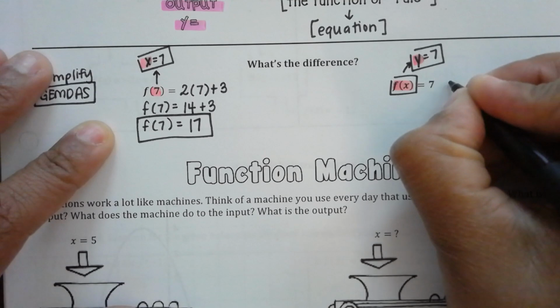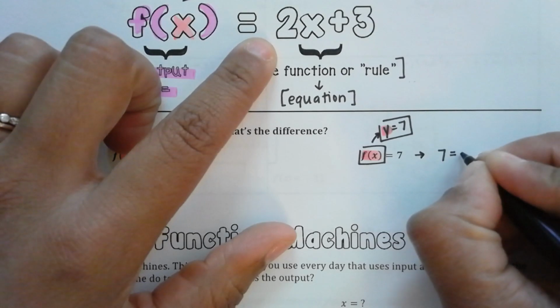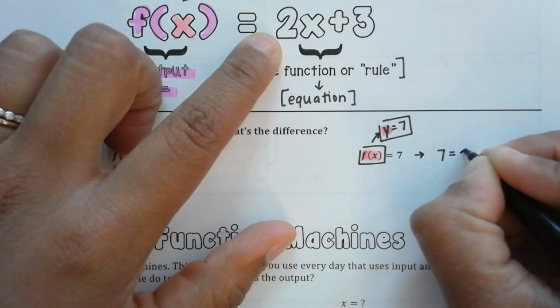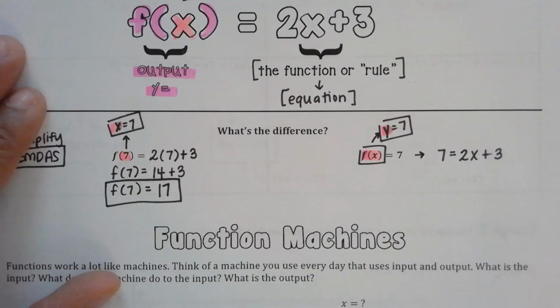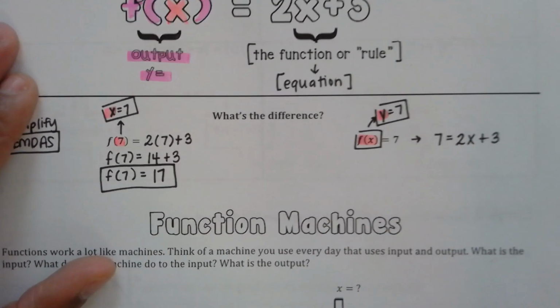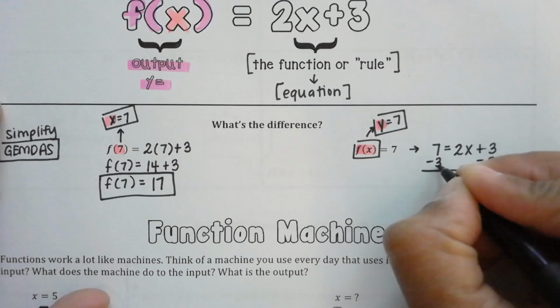So, rewriting it, it would be 7 equals 2x plus 3. Now we are solving. That's a two-step equation. What's the first step I need to do in order to solve it? Subtract 3 on both sides.